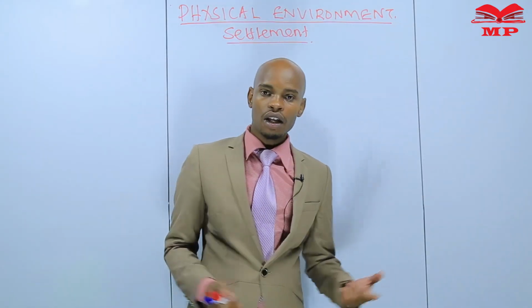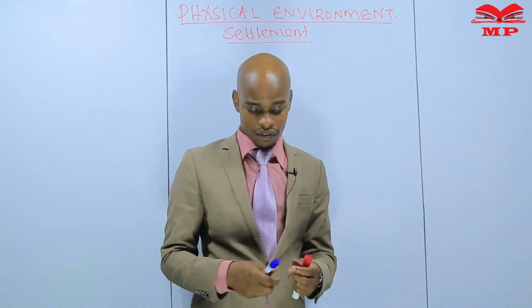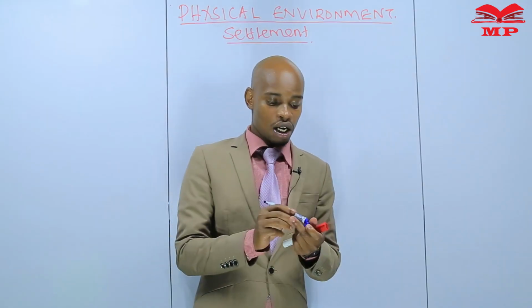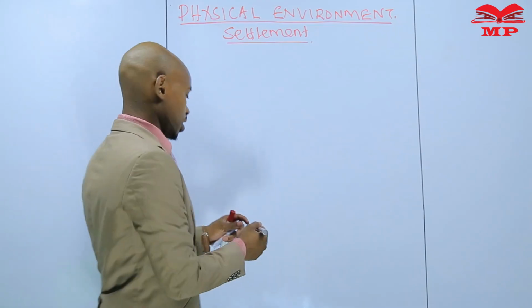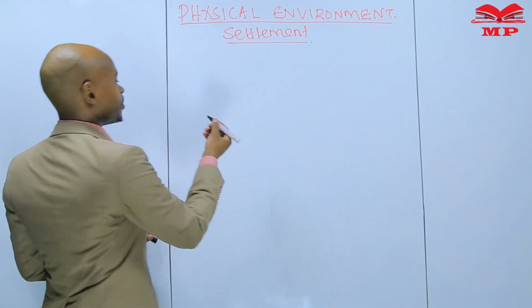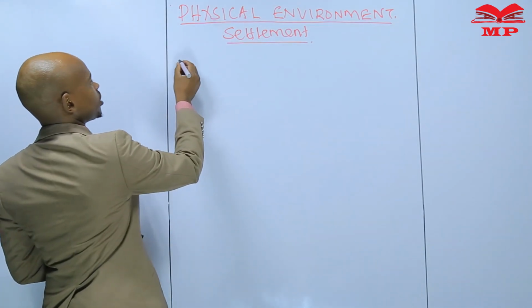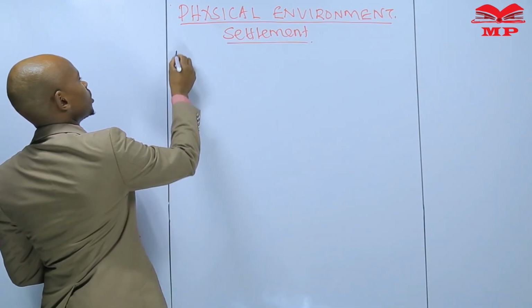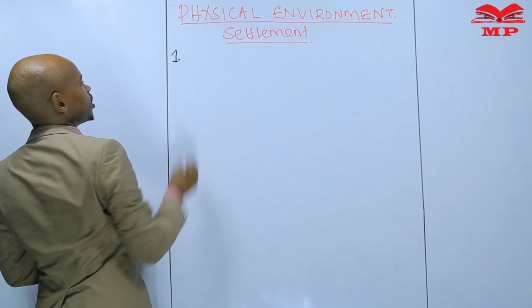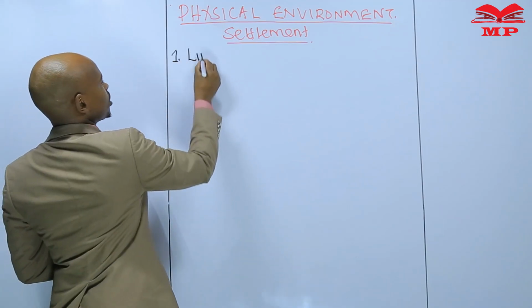So we shall start by giving examples or the categories of settlement pattern. We have types of settlement. Category number one, we have linear settlement.